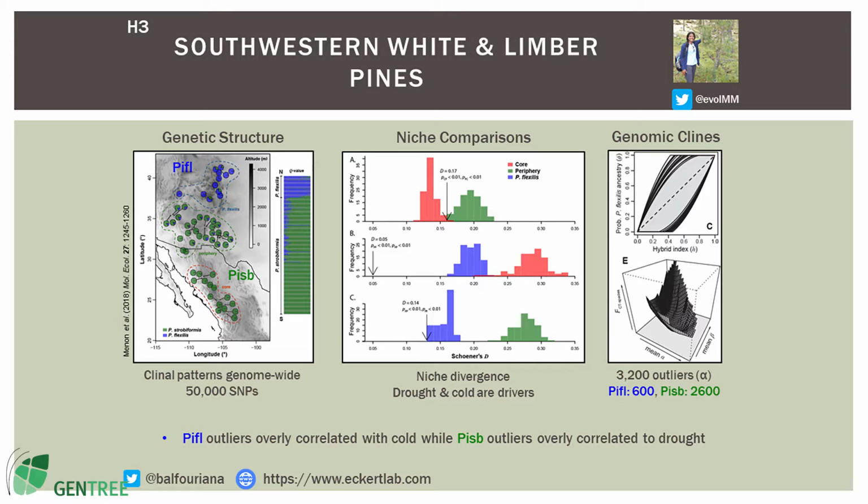Those that have too much ancestry from southwestern white pine are correlated to a different, exclusive set of variables, drought-related variables, water availability. These two, cold temperatures and drought availability, also drive the differences in the niches. So that's pretty cool. Okay.